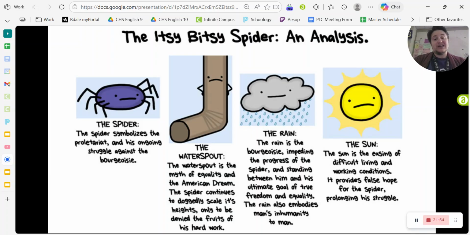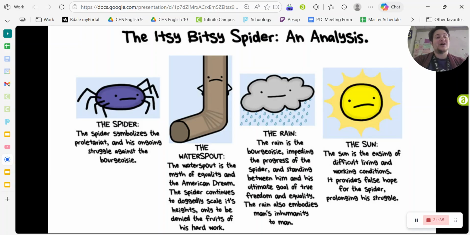But unfortunately, the American dream is not all that it seems. In this case, the rain is the bourgeois, the bourgeoisie is the class term that pushes the spider back down, oppresses the spider to keep it at the bottom so that they can stay up at the top.